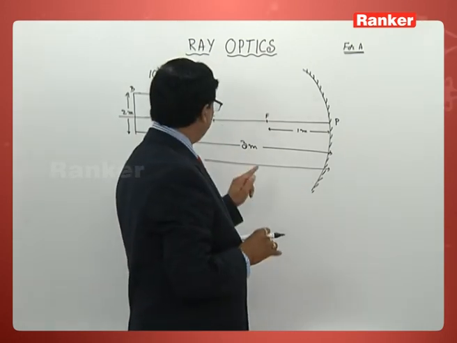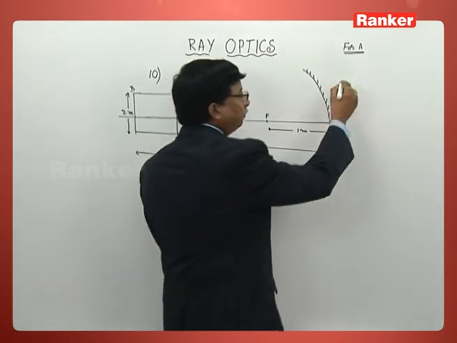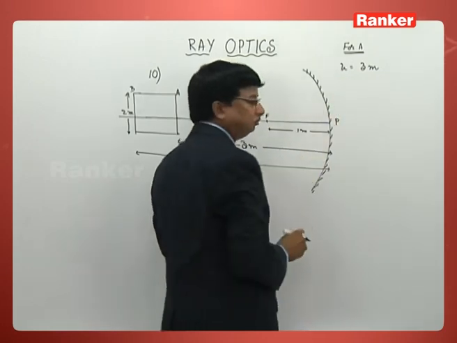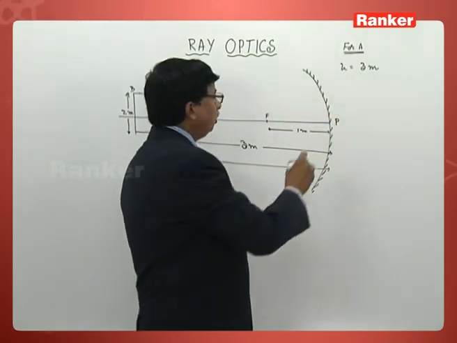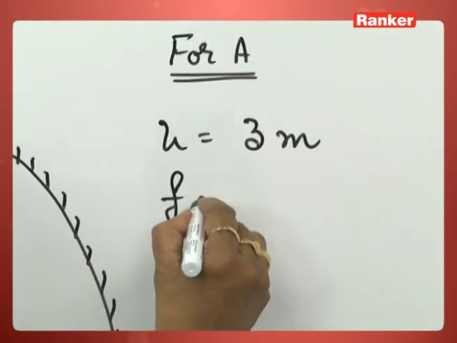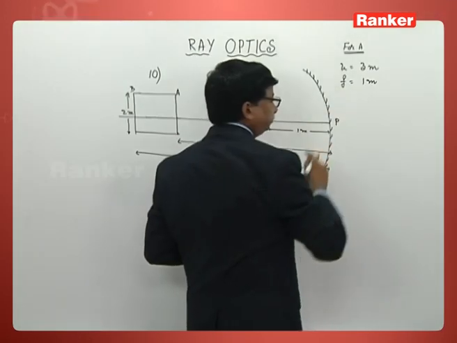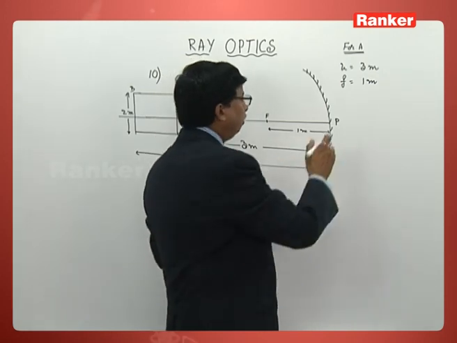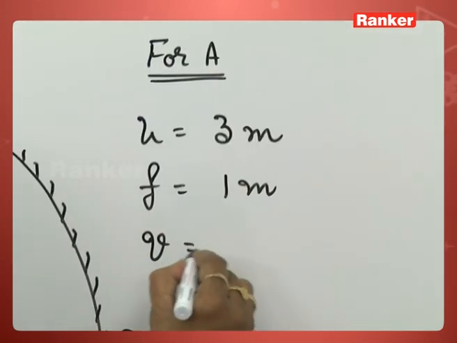What are the values known to us? Object distance is given 3 meter. Focal length is given 1 meter. And we just want what will be the image distance now.